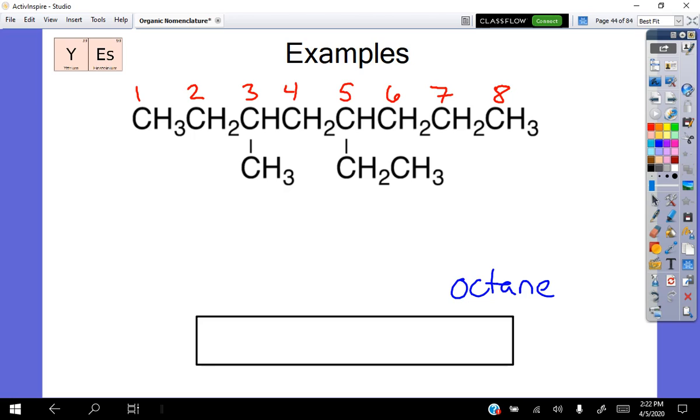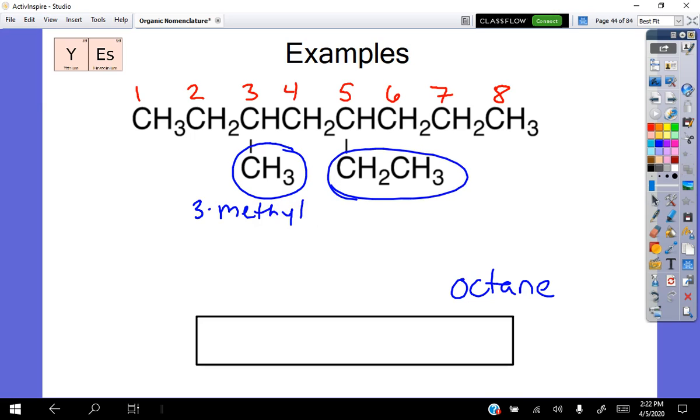And then I need to identify my branches. This is a 1-carbon branch, so this will be 3-methyl. This is a 2-carbon branch, so this will be 5-ethyl. Then I need to alphabetize based off of the branch name.